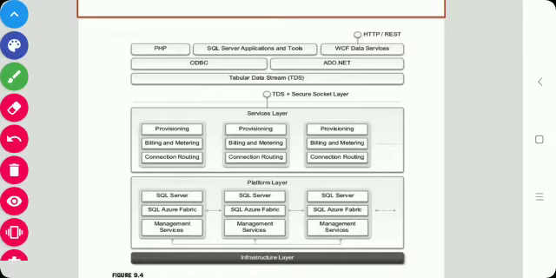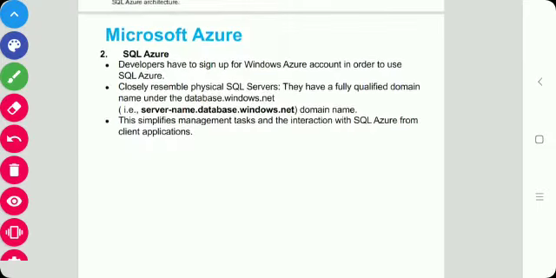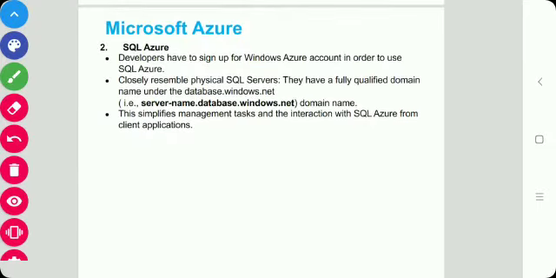On the SQL Azure side, access to the data is mediated by the service layer, which provides the provisioning, billing and connection routing services. Developers have to sign up for a Windows Azure account in order to use SQL Azure.